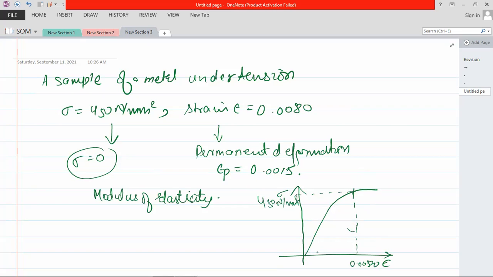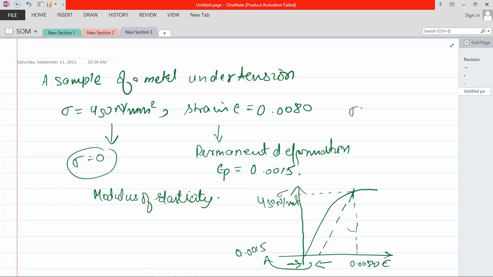Now, if you release the stress and it comes back, it has a permanent deformation. And what is the permanent deformation? This value. This value is 0.0015. Then you have to find the modulus of elasticity.